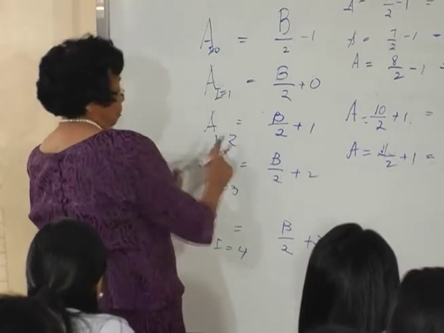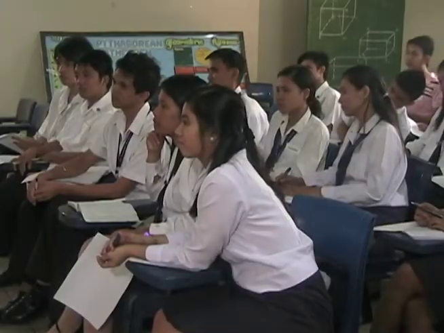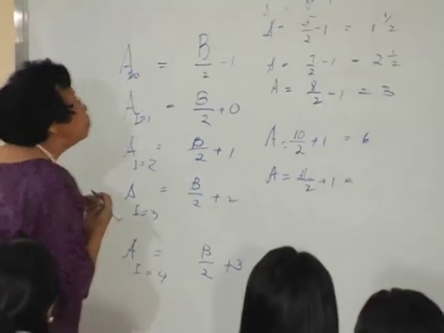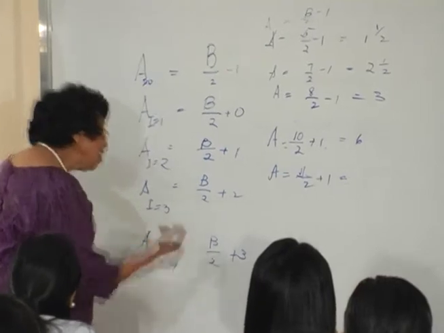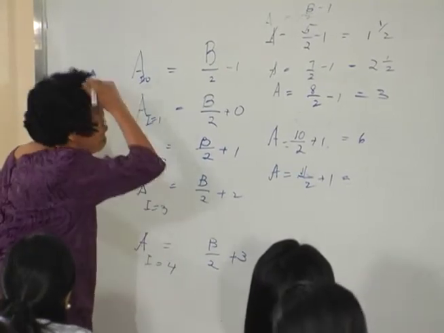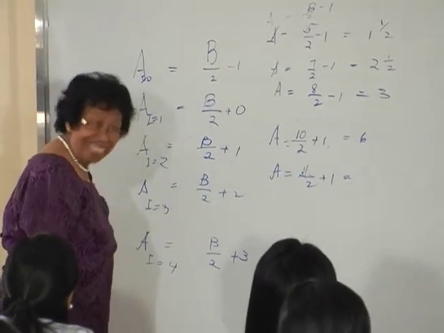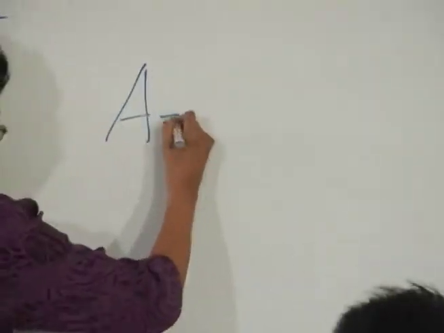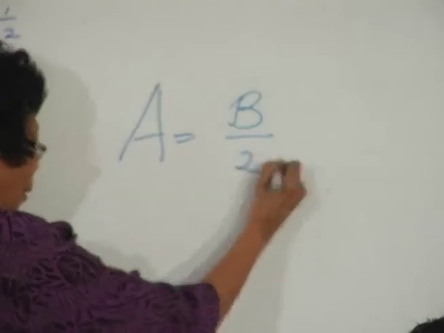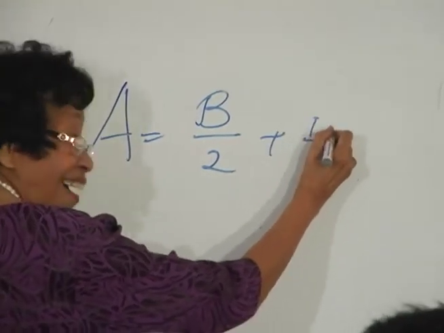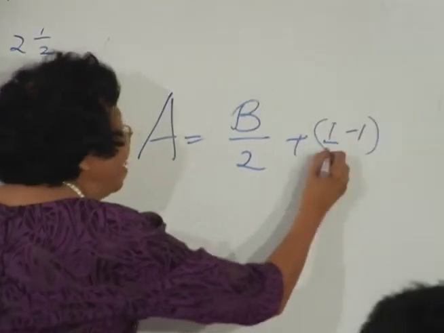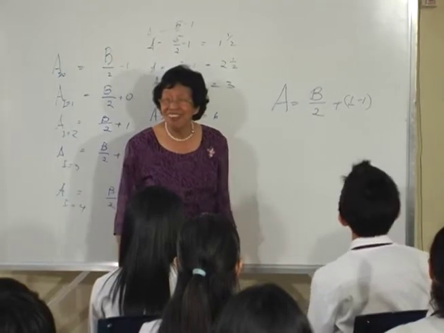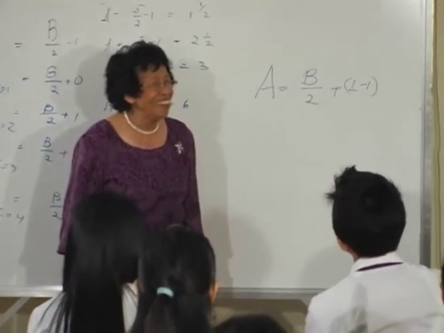And what's the relation between these two? There is disorder. We will put order. What is the formula? I. Beautiful. You saw it, right? So the general formula is A equals B over 2 plus I. Okay? So, out of the disorder, you arrived at order.